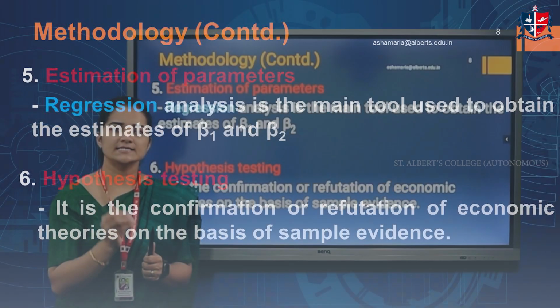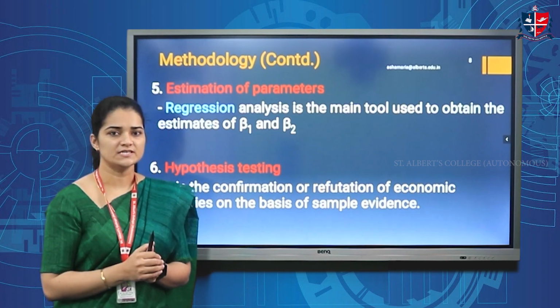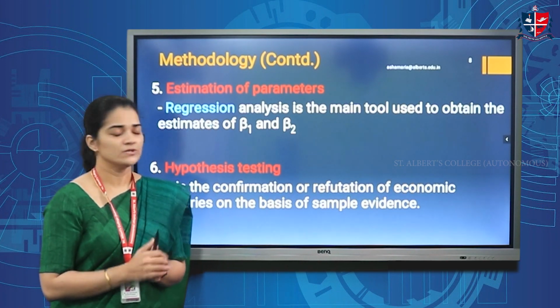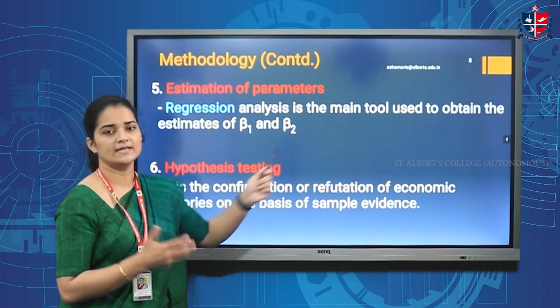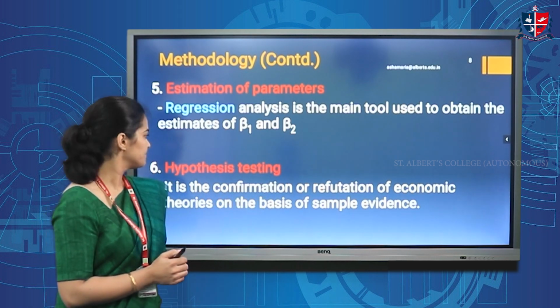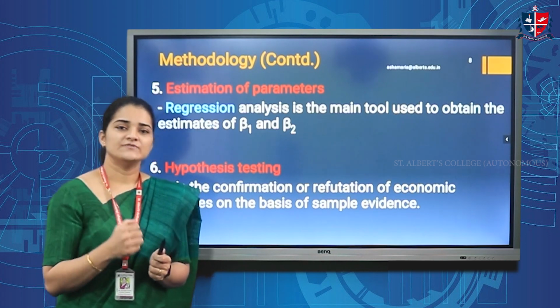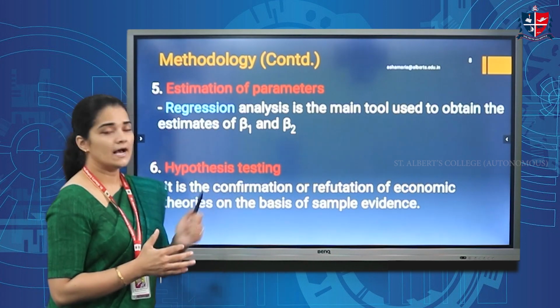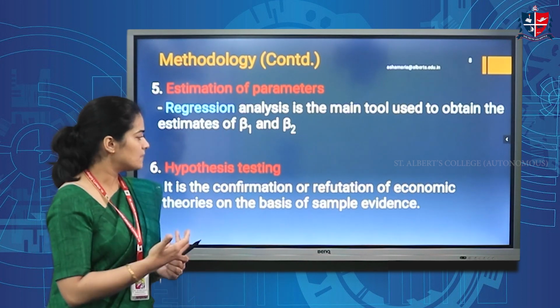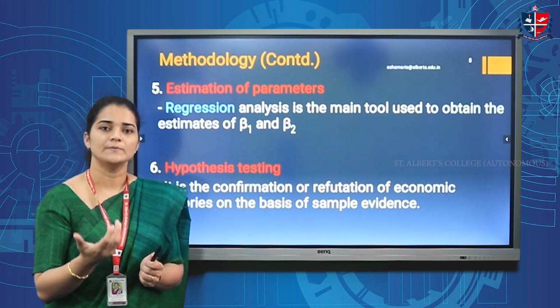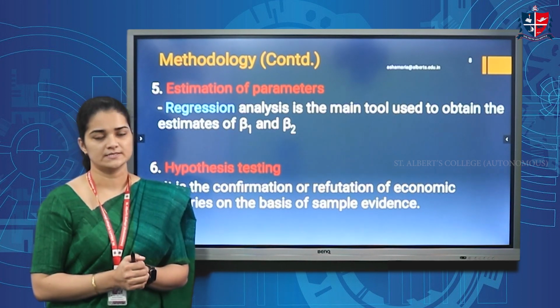Once we have the data, we can do the estimation, and the statistical technique used for estimation is regression analysis, through which we can get the numerical values of beta 1 and beta 2, and they are known as the estimates. Once we have the estimates, we can go on for hypothesis testing. What is hypothesis testing? It is confirmation or refutation of economic theories based on sample evidence.